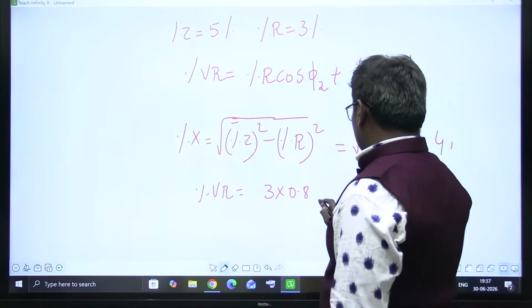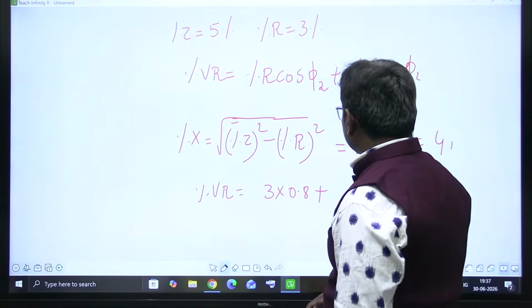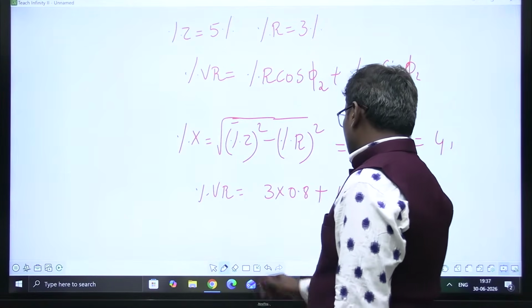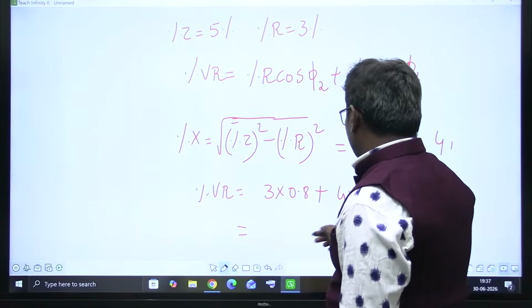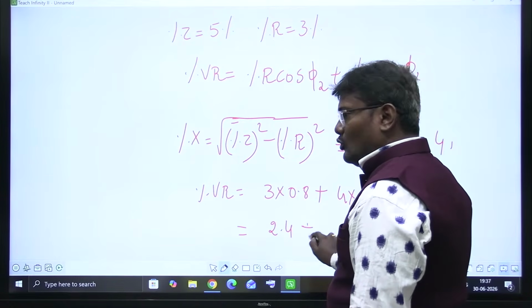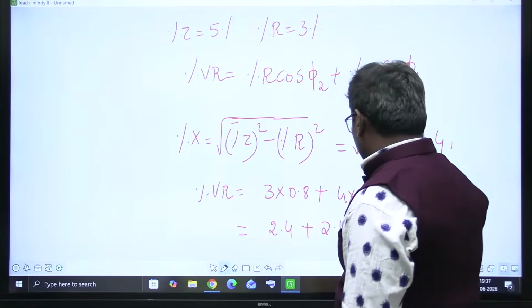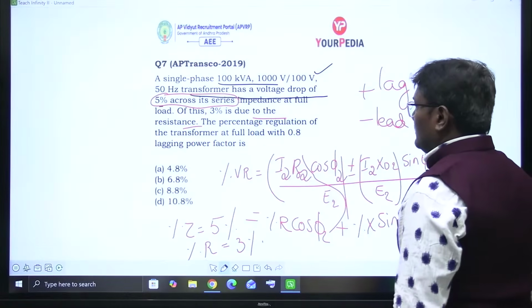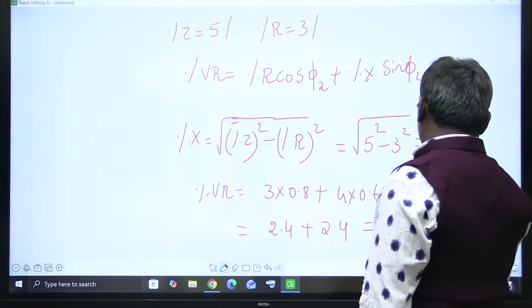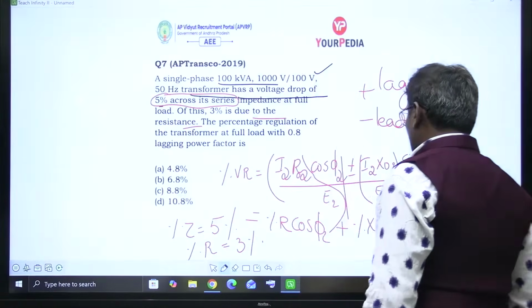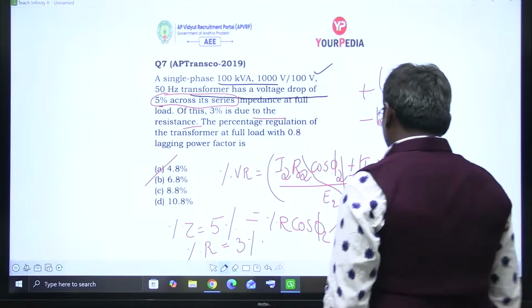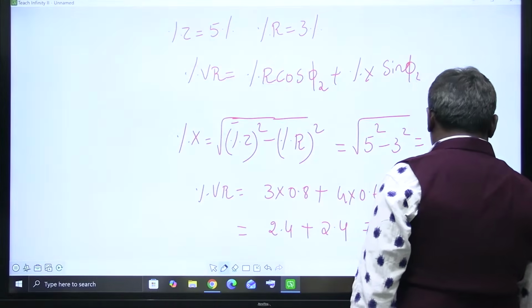And this is plus 4 into 0.6. So 2.4 plus 2.4 is 4.8%. Which answer is correct? The 4.8%, option A is correct.